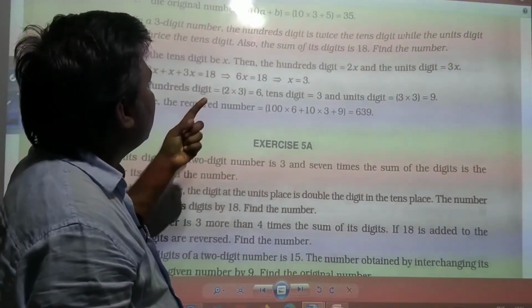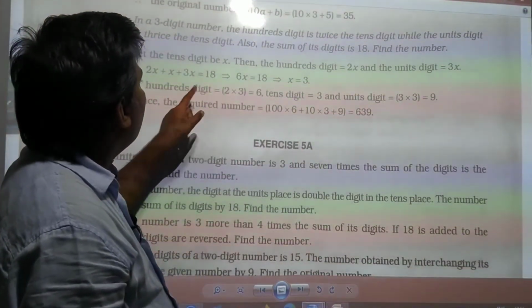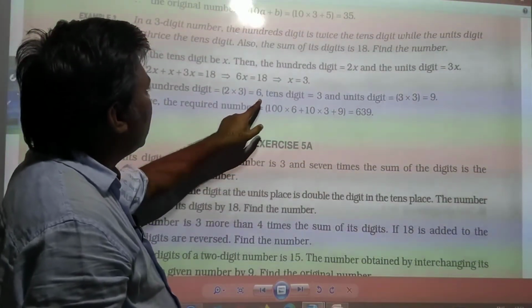Now what will the hundreds digit be? It is 2x, so 2 into 3, that will be 6.